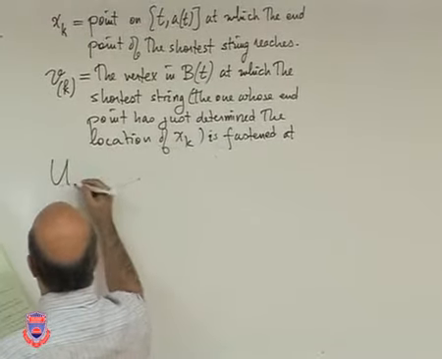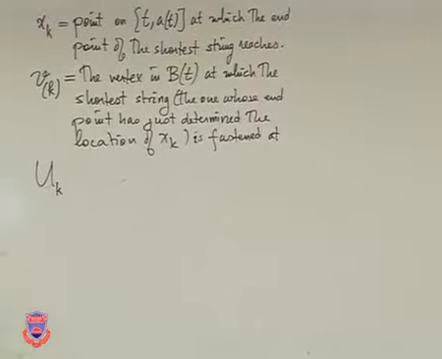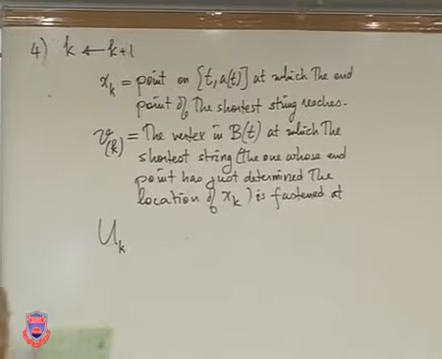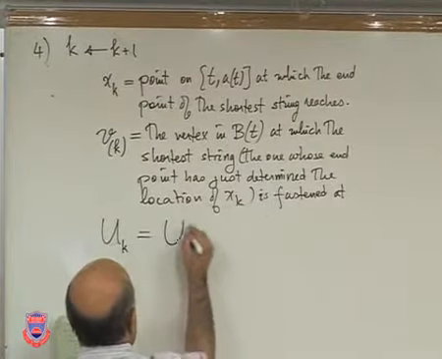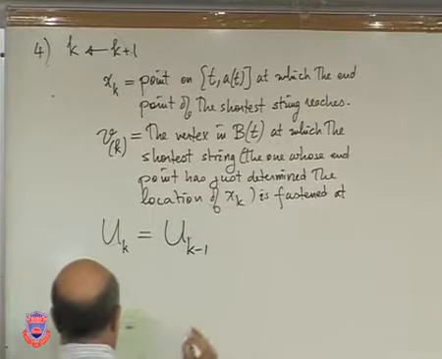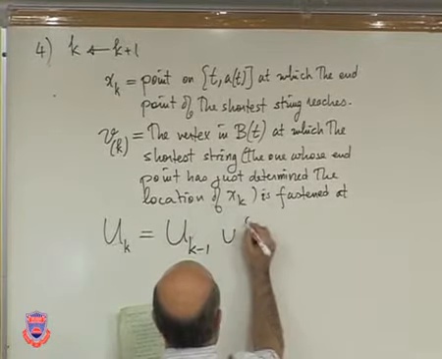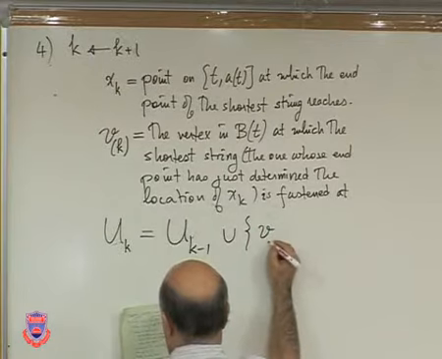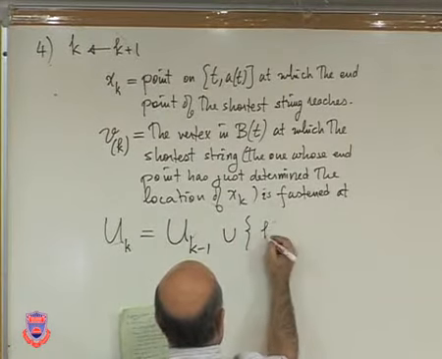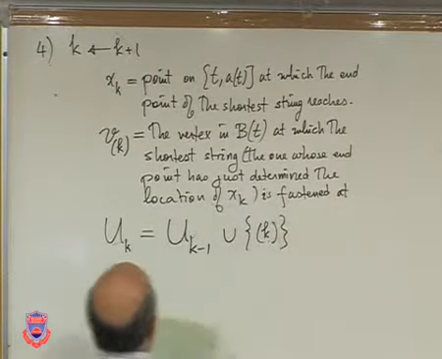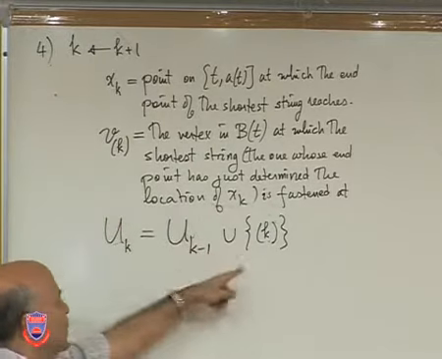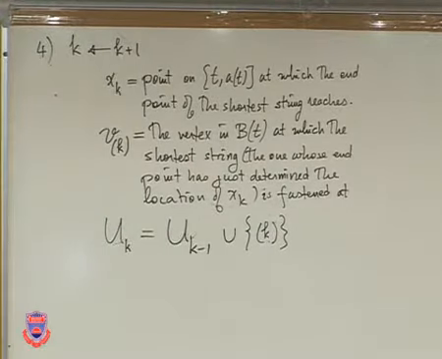And then we update the U set, the U sub k. We simply take the old one and add to it the index of vertex V parentheses k. Okay? So k could be, for example, 3, which means you're placing the third facility.